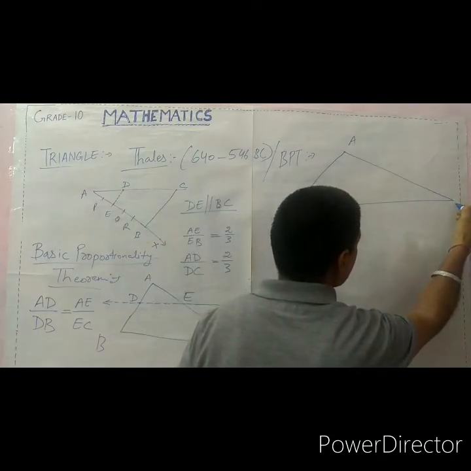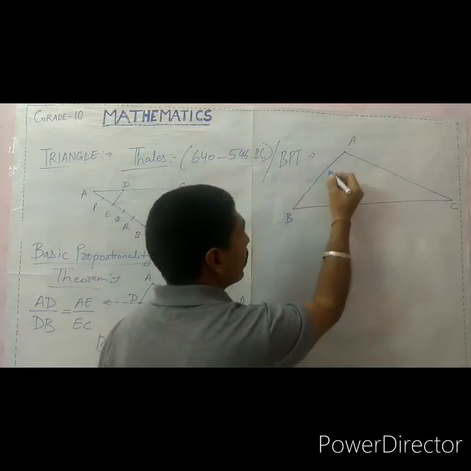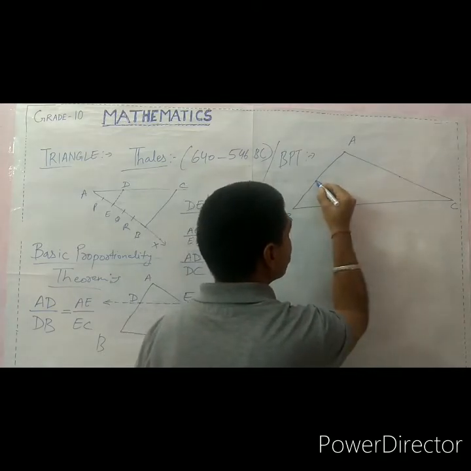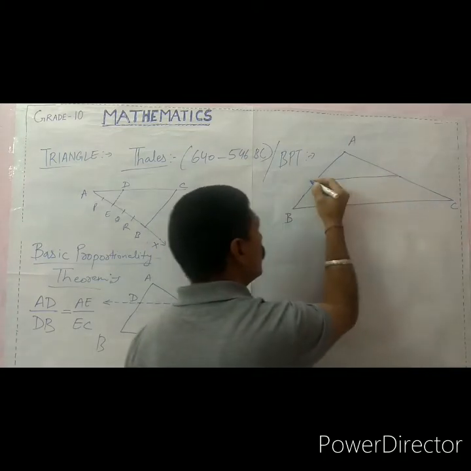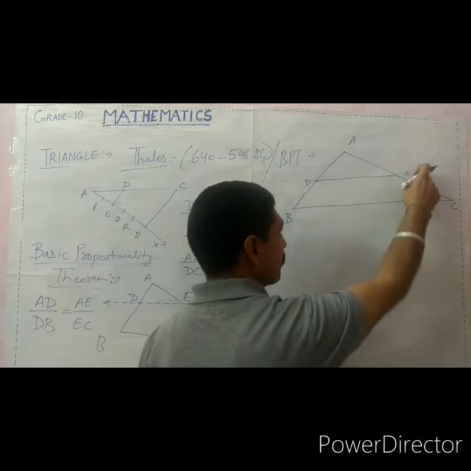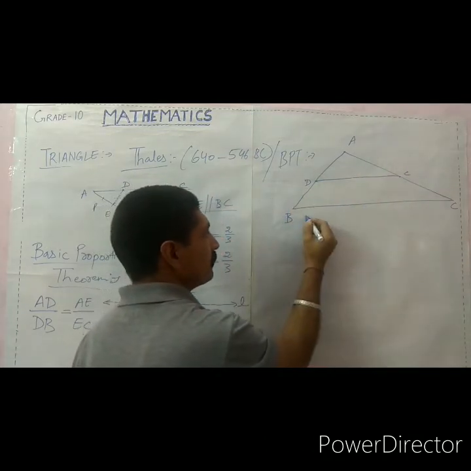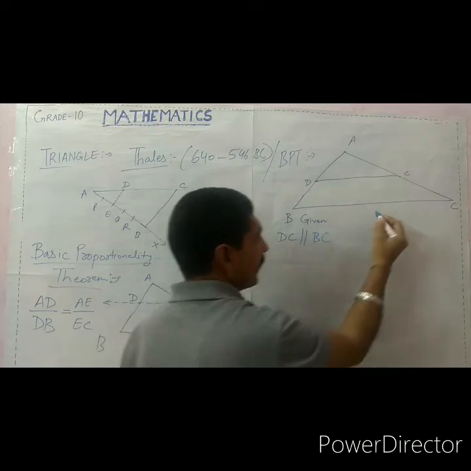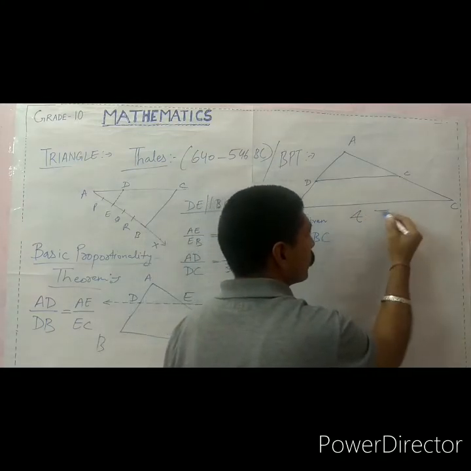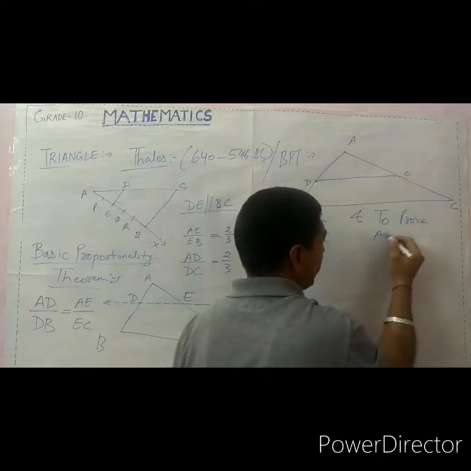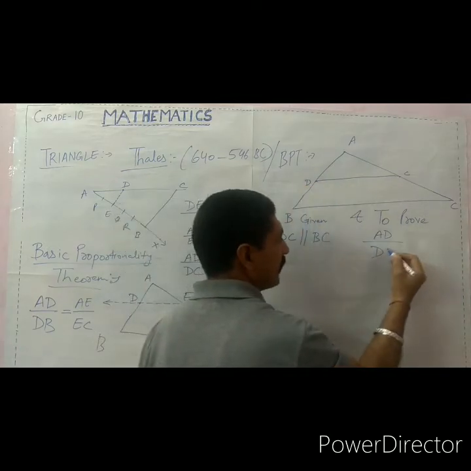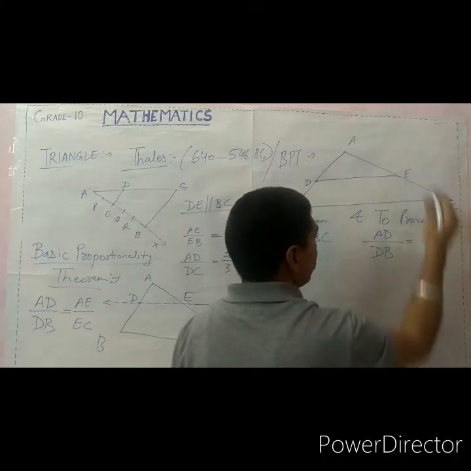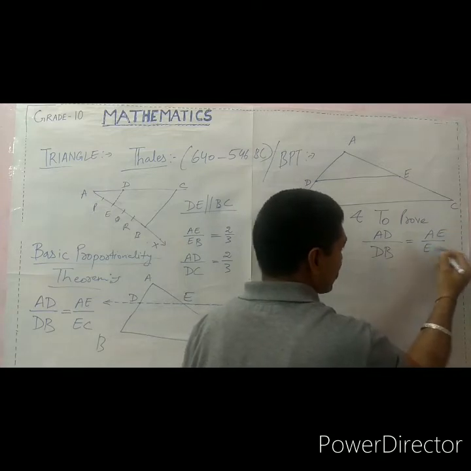In this triangle ABC, let D and E be points on the sides, in such a way that by construction, what is given here is that DE is parallel to BC, and to prove that AD upon DB is always equal to AE upon EC.